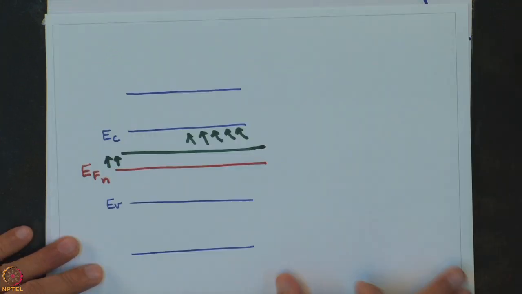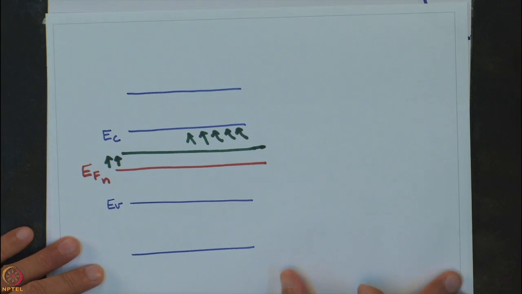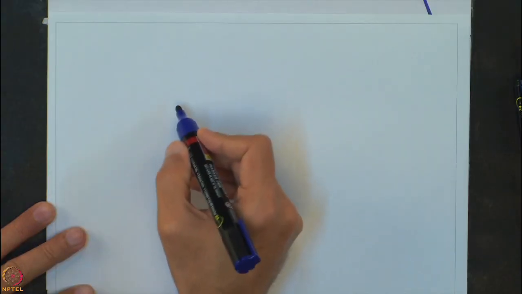Now, let us see what will happen correspondingly for a PN junction. Let me do the same thing for the p side material, the other side of the semiconductor crystal, where I am now trying to grow p type material. So, let me draw again the energy diagram.